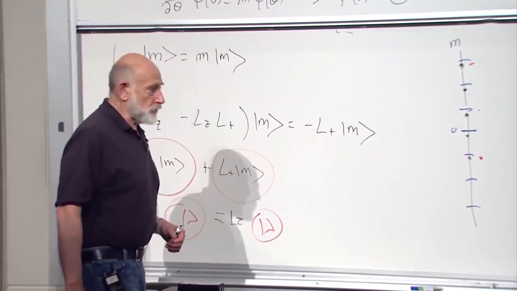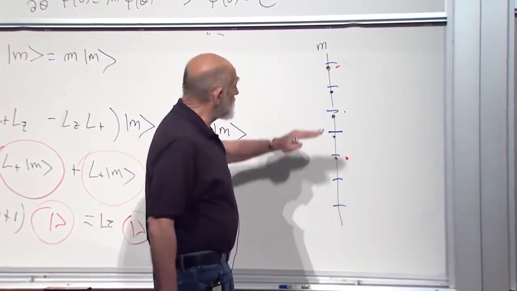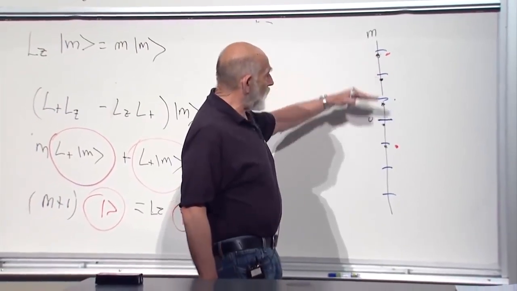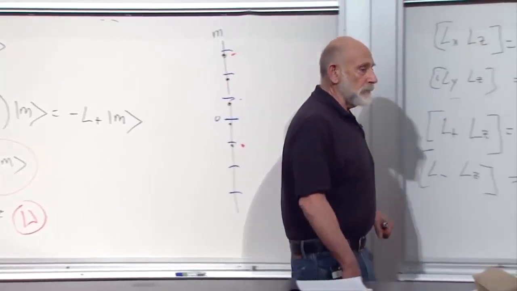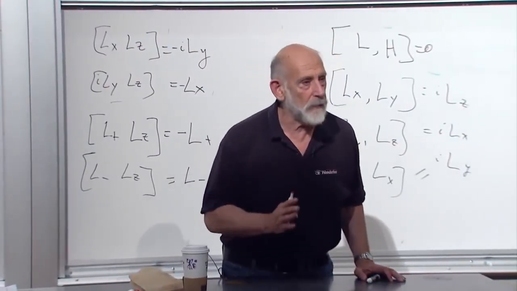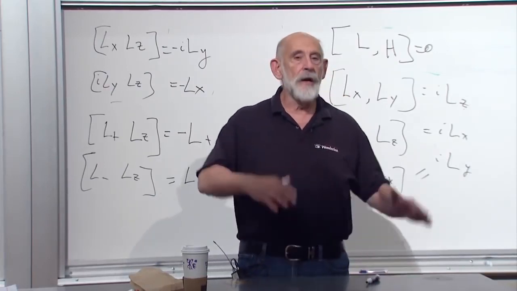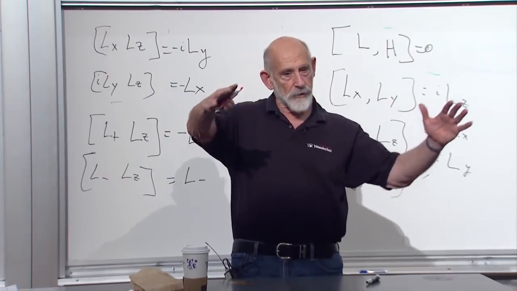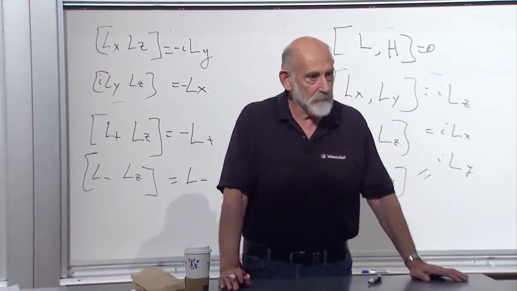Now, the first thing which is true is, if it terminates, then there's a relationship about where it terminates from above and below. And the reason is very simple. M is the eigenvalue of Lz. Remember, we have rotation invariance. Supposing I used my rotation invariance to completely rotate by 180 degrees.